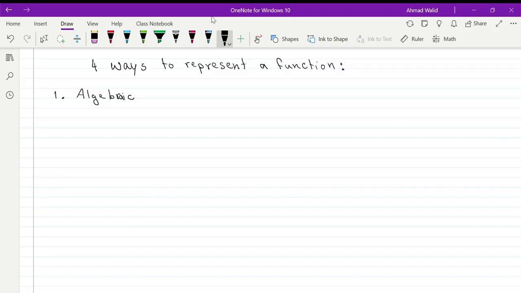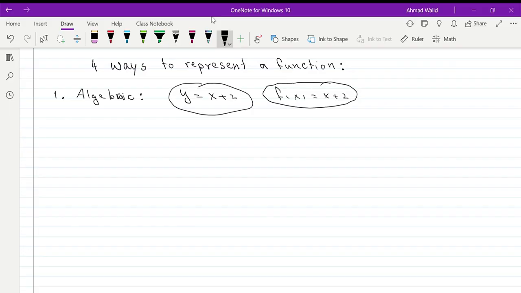When I'm talking about algebraic, it means the equation that I used for you, y equals x plus 2, or f of x equals x plus 2. Correct? This is the algebraic way that represents a function. Usually for equations, we write this way. When we talk about functions, we write this way. Later, I'll talk about notation. What is the notation and what is the meaning of notation? You can represent a function in an algebraic way. The second way that you can represent a function is verbal.